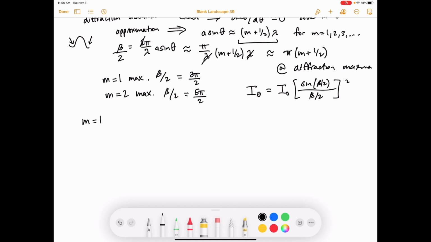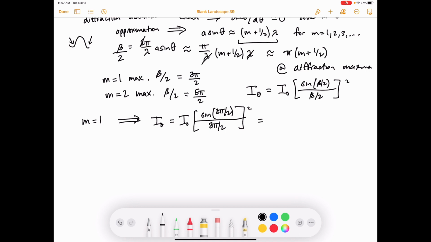So for m equals 1, we have I theta equals I0 times sine of 3 pi divided by 2, divided by 3 pi divided by 2, all squared. All right, well, sine of 3 pi over 2 is actually minus 1, but we square it, so it's just 1.